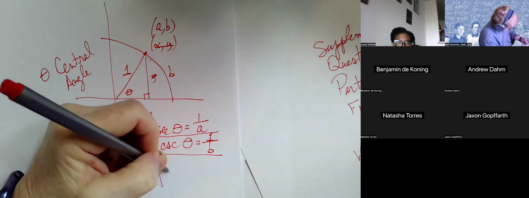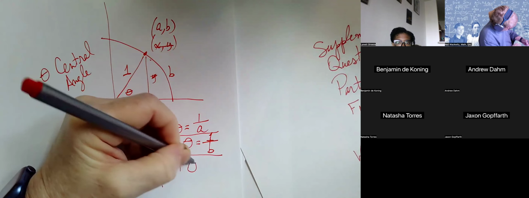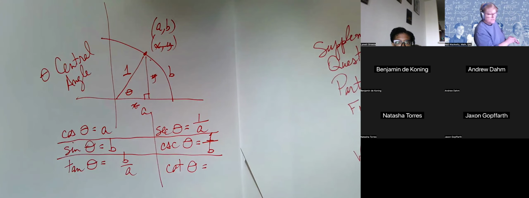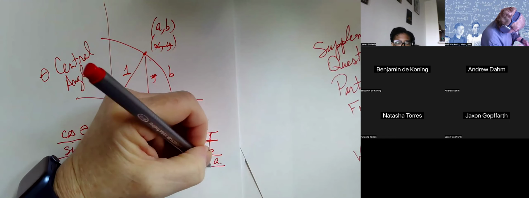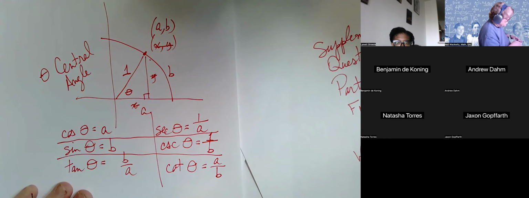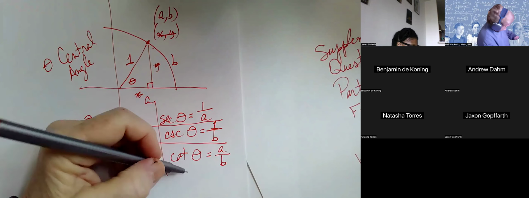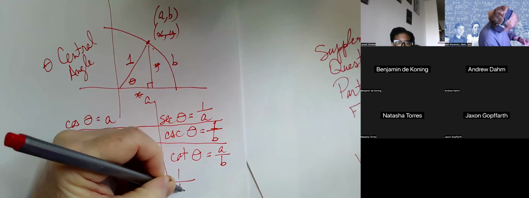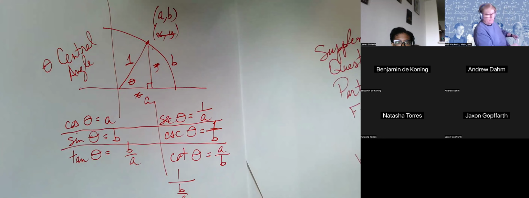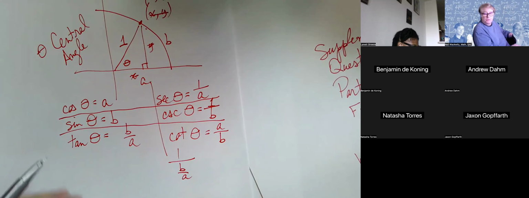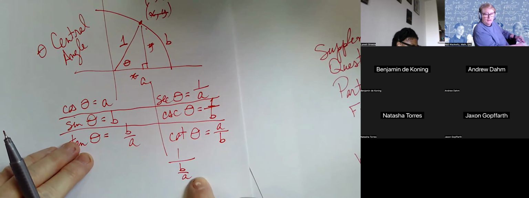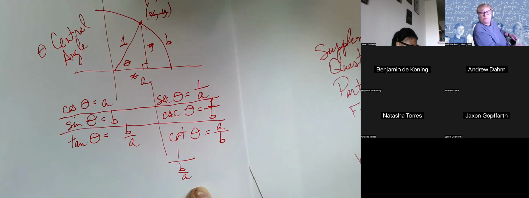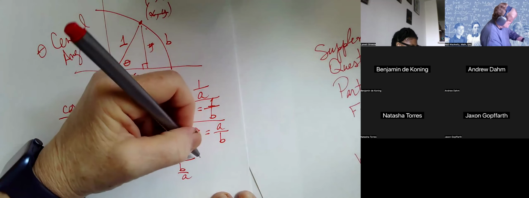Cotangent. Beautiful. So cotangent, the reciprocal of tangent, is going to be a over b. It's true that cotangent is 1 over b over a, but you just flip the fraction to take the reciprocal, so you'd get the same thing.